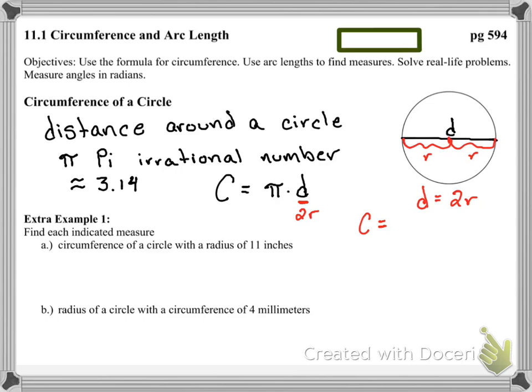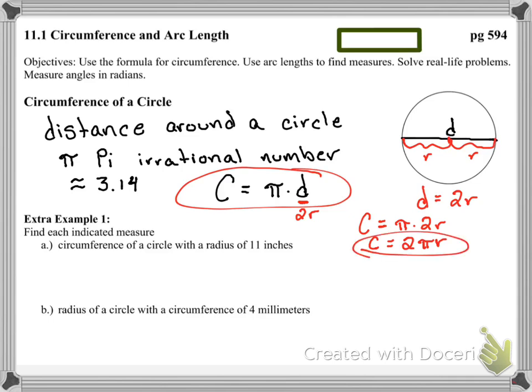We normally write the 2 out front: pi times 2r, but we normally write it as 2 pi r. So that's another version of circumference. Depending on whether you know the diameter or the radius, you can use these interchangeably. I like to remember the pi d version because it's shorter and sweeter, and I know there's 2 radii in a diameter. Other people like the 2 pi r version.